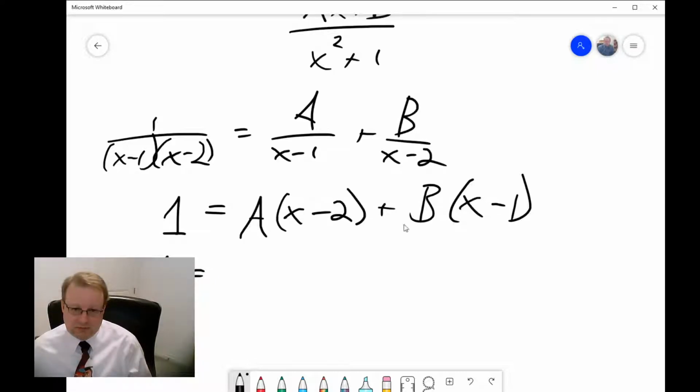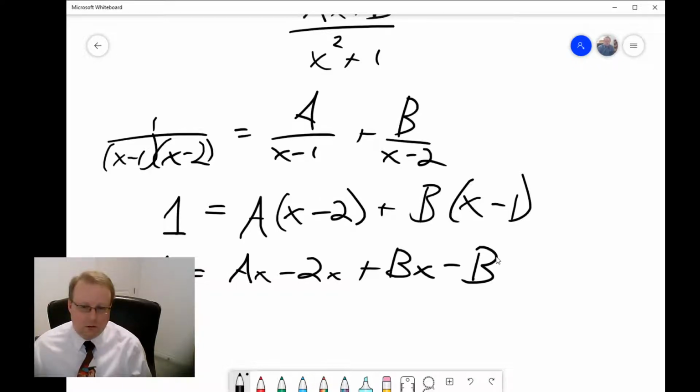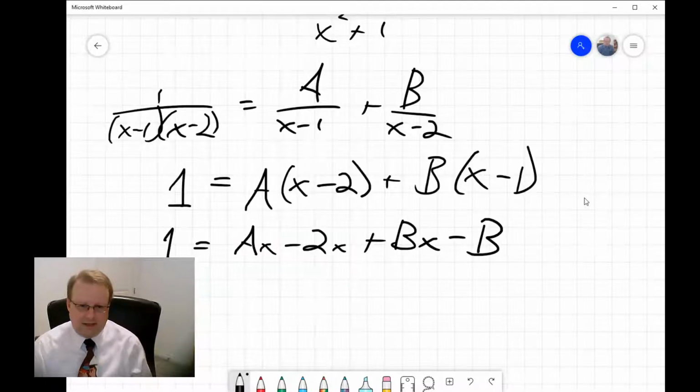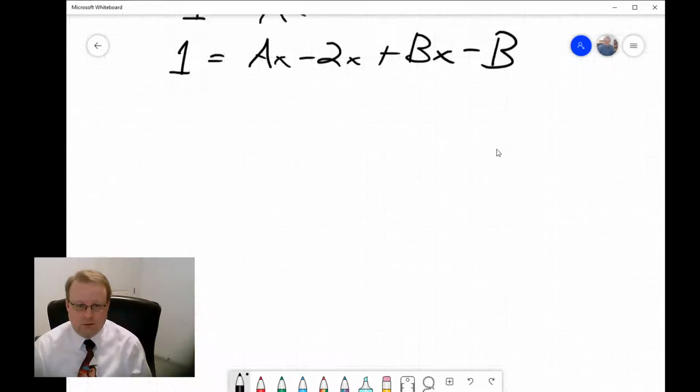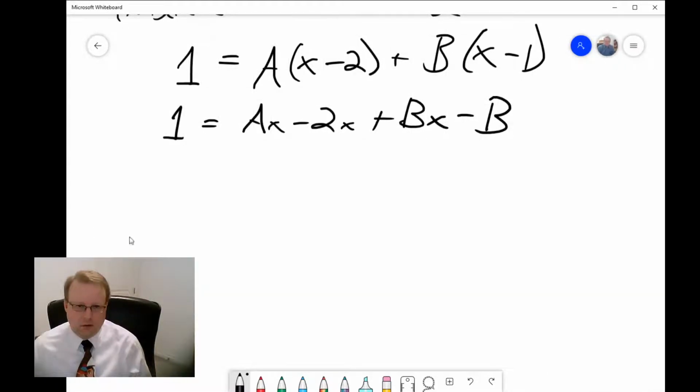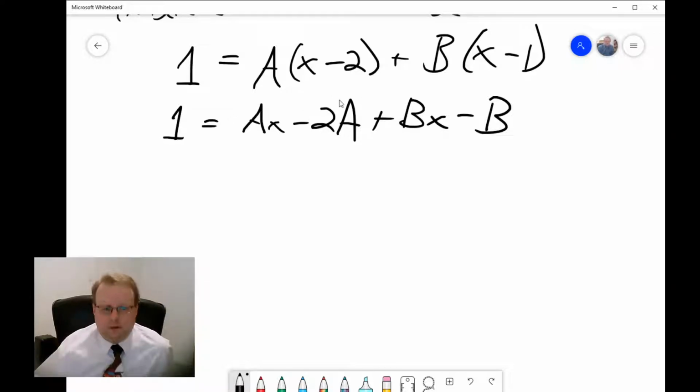Now when we multiply these out, we get Ax minus 2A plus Bx minus B. Sorry, that's not an x there, that's an A. My apologies. So this doesn't look much like a system of equations.